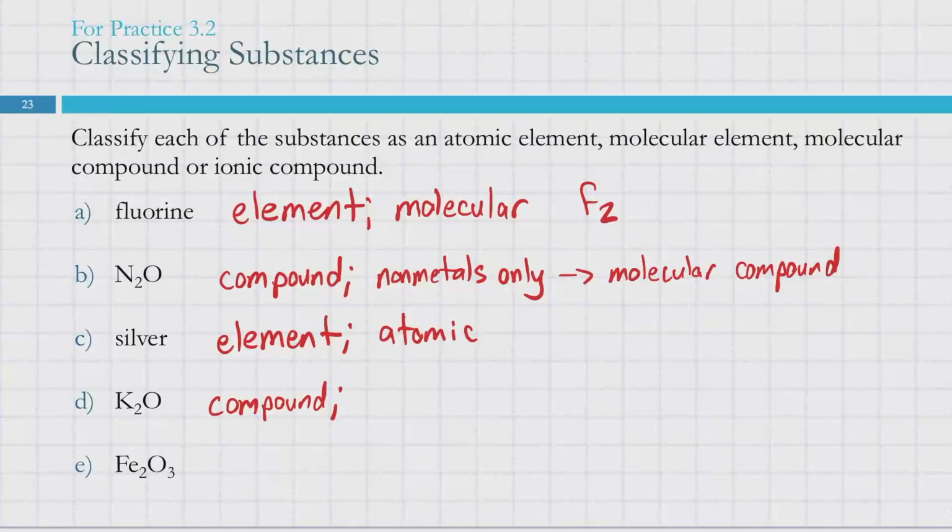So K, potassium, over on the far left side, it's in our first group, our alkali metals, group 1A. So this is a metal. And oxygen is a nonmetal. Since we have both, that means it's going to be ionic.